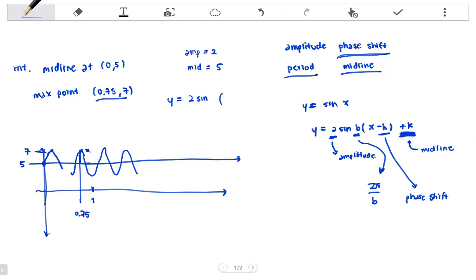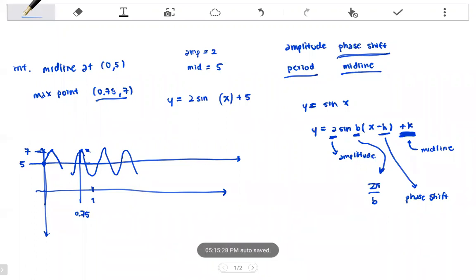And since we determined that it's sine, we could add a phase shift if we rewrite it as cos, but since we know that it's sine, we don't really have to write a phase shift. So we can just leave x here, and our midline is going to be plus 5 because it's plus k.